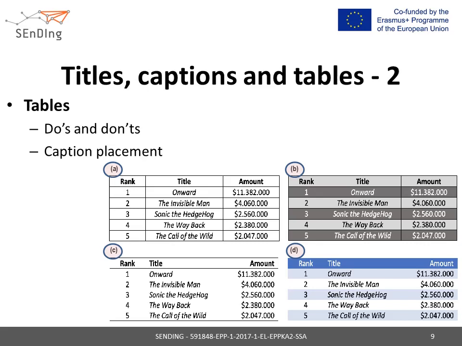Finally, there is a key distinction between figures and tables in where the caption is located relative to the display item. For figures, it is customary to place the caption underneath, whereas for tables it is customary to place it above. This caption placement is guided by the way in which readers process figures and tables.